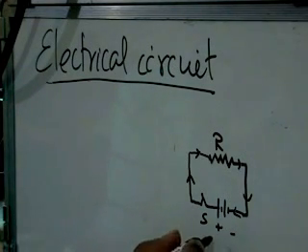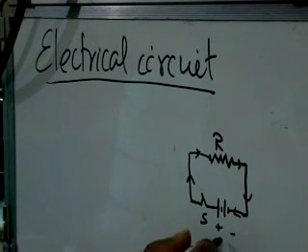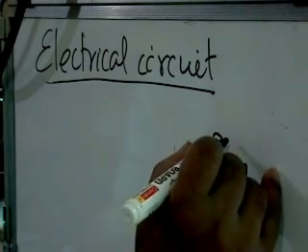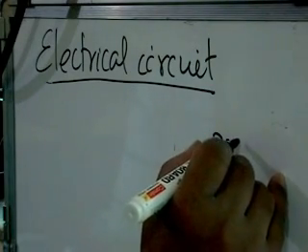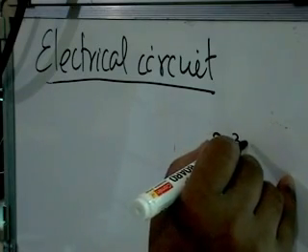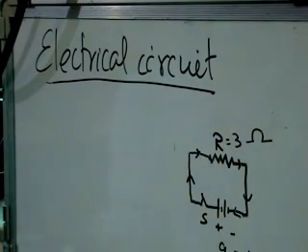So in this case, let's say the source has a voltage of 9.0 volt and the resistor has a resistance of 3 ohm.